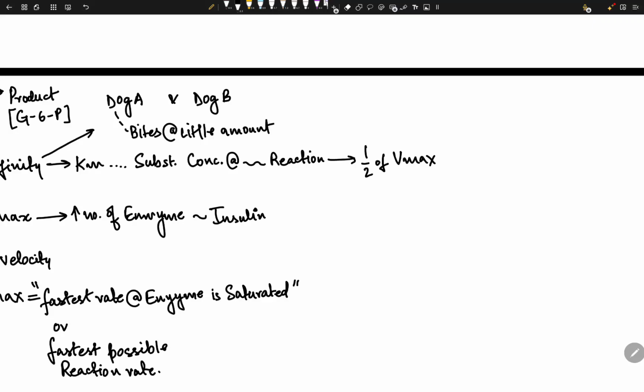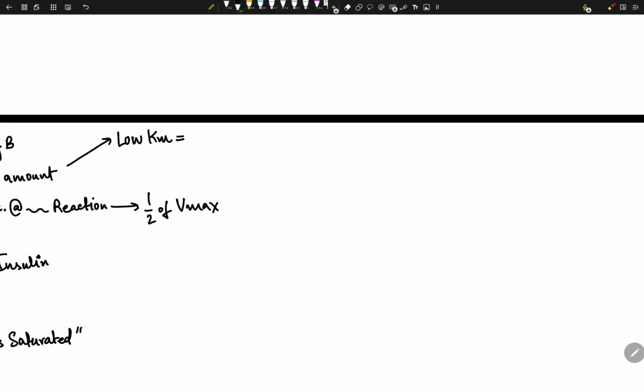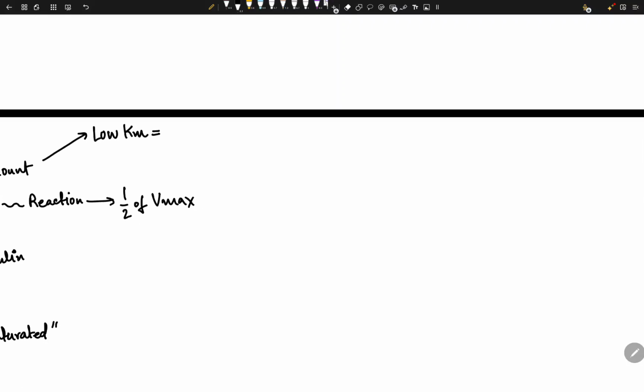right? So what I'm trying to say is that low Km value means only a tiny amount of glucose is needed before the enzyme even starts working. So a tiny amount is enough for the enzyme to start working. Therefore, low Km value equals high affinity.